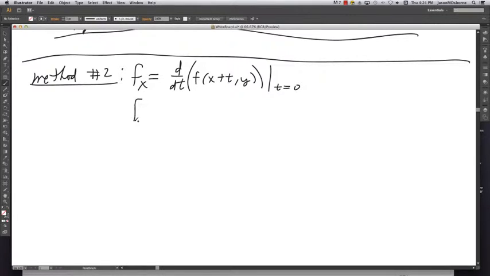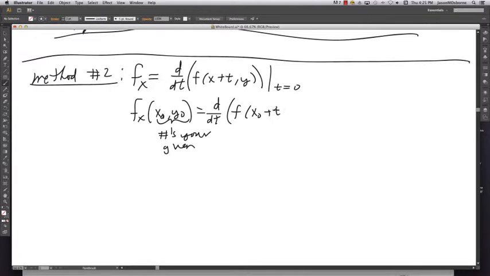If, for example, you wanted to compute the partial derivative at your favorite value x naught, y naught, where these are numbers that you're given, you would take the derivative with respect to t of f of x naught plus t, comma y naught, and then evaluate that answer at t equals 0.